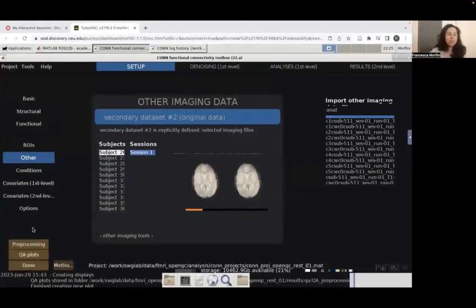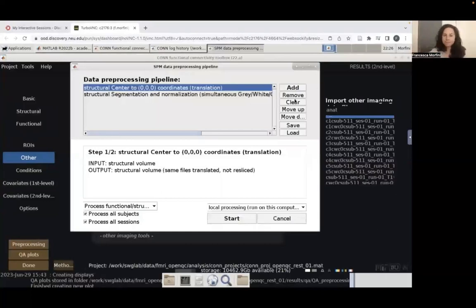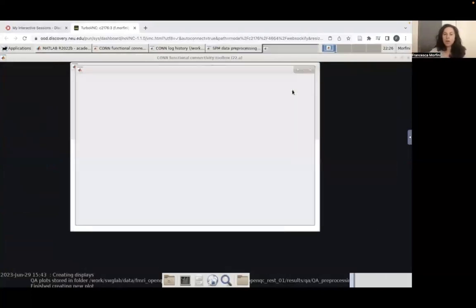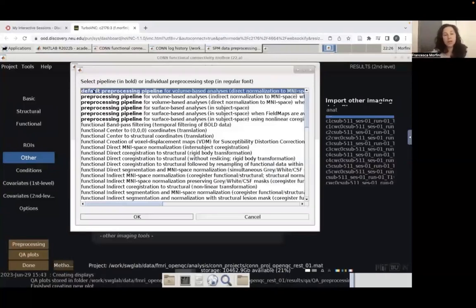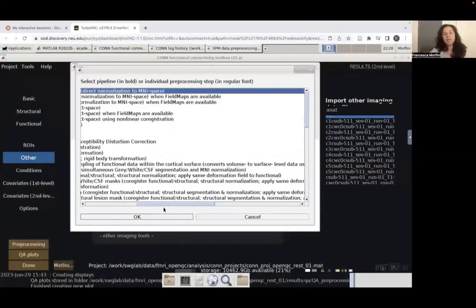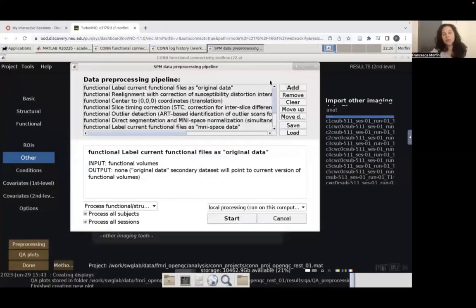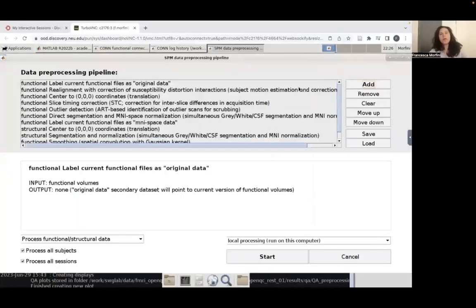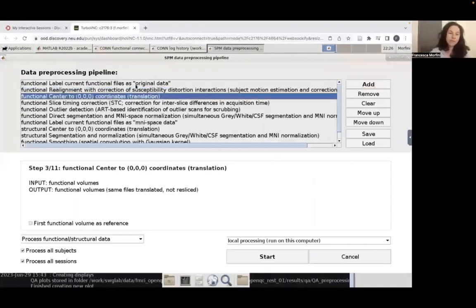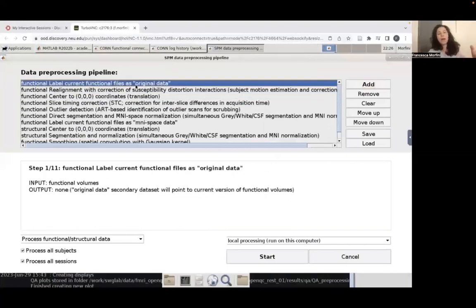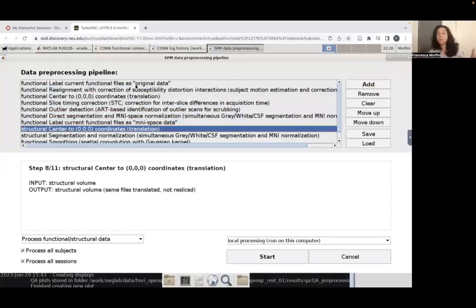Once this set of steps is finished, one can move on to preprocess and denoise the data, and CONN offers several pre-compiled pipelines for slightly different scenarios, which are constituted by different steps that get applied from top to bottom, and these are somewhat modular.